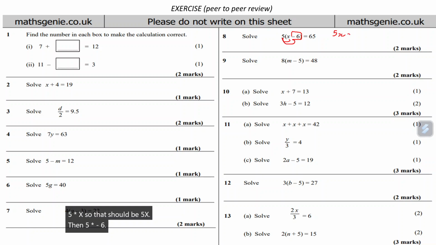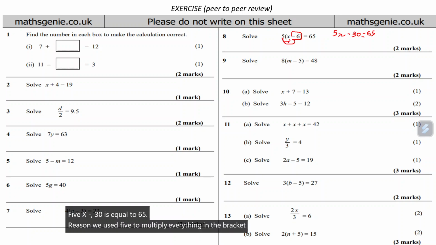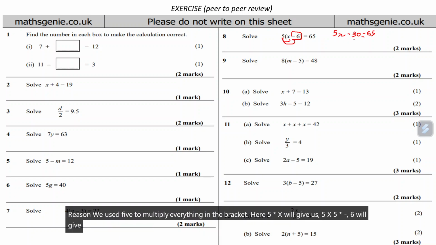So that will be minus 30, equal to 65. 5x minus 30 is equal to 65. The reason is we used 5 to multiply everything in the bracket here. 5 times x will give us 5x. 5 times minus 6 will give us minus 30.